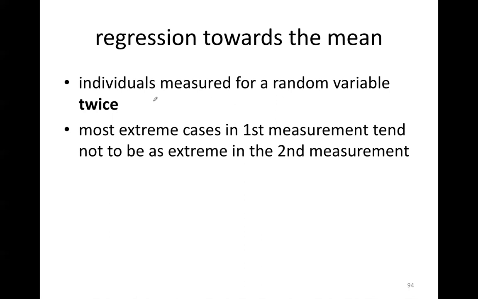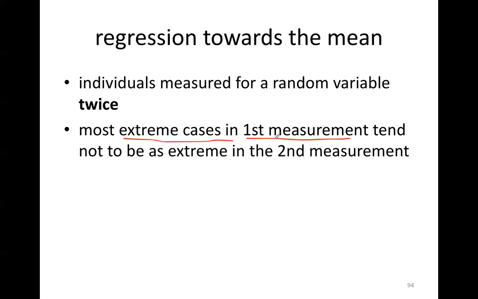Here you could think of families, the height of the parents and the height of the children, as two independent measurements from the same family. And if you look at the most extreme cases of the first measurement, then in the second measurement, those are not necessarily as extreme as in the first.